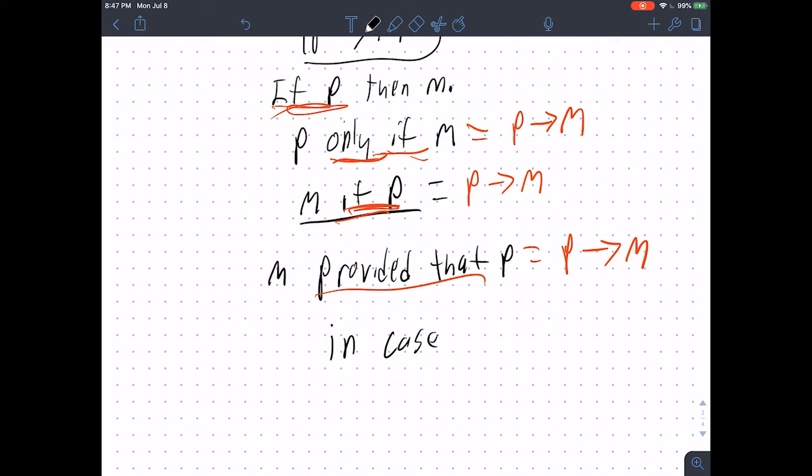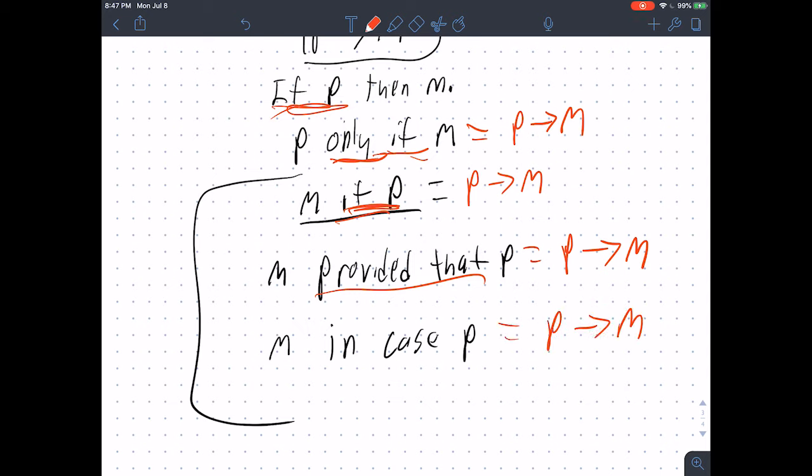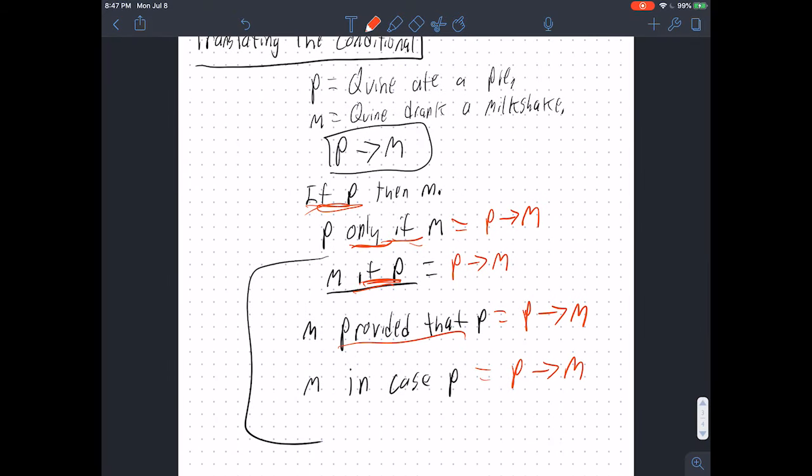So all of these three have the order switched, but they're all sort of the same. So if we have M in case P, right, that gets translated the same way, P arrow M, right? And you really just have to memorize these.